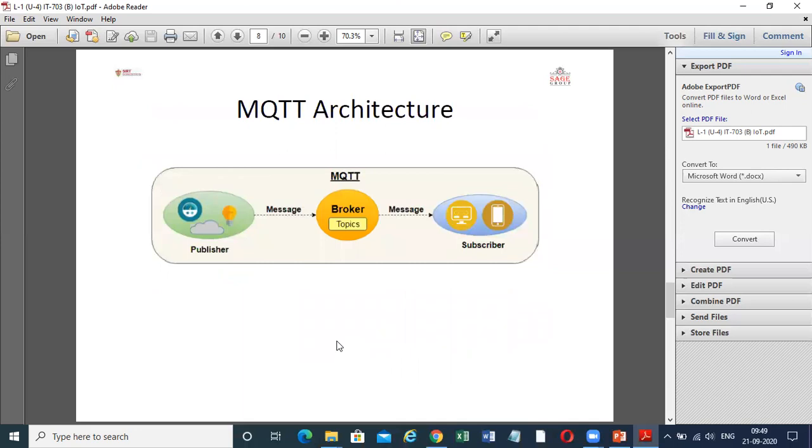This is the MQTT architecture. As we have discussed earlier, one is the publisher, which will send the message. The MQTT broker takes the message and stores it according to topics, and then the broker sends the message to the subscriber as demanded, according to topics.